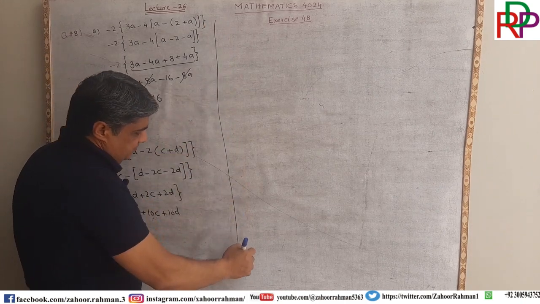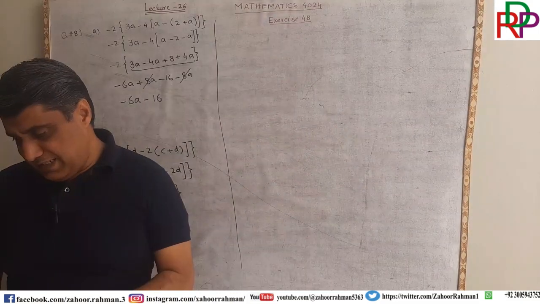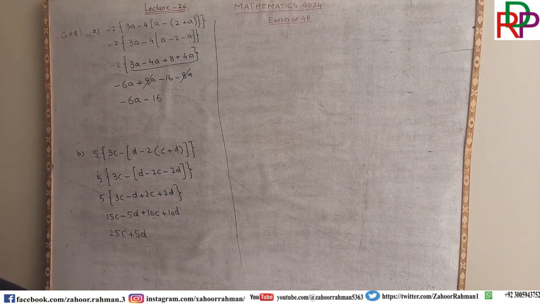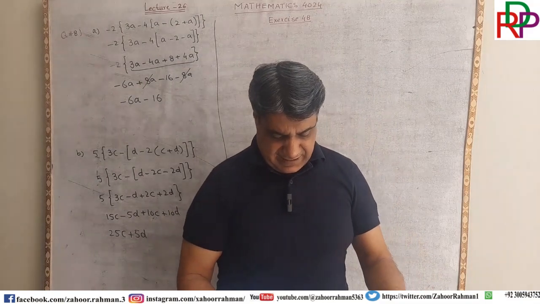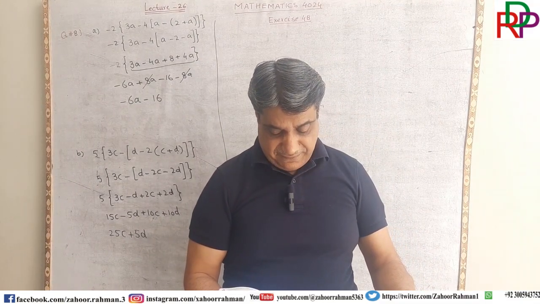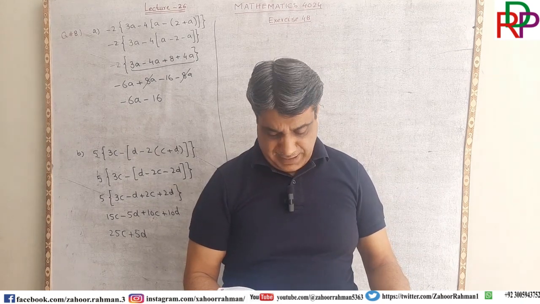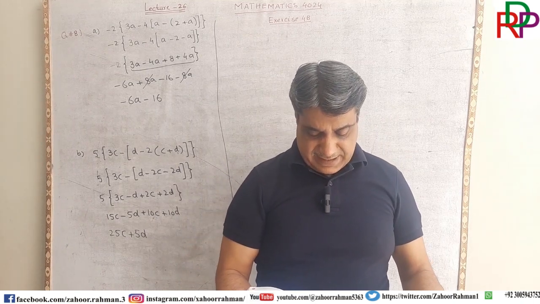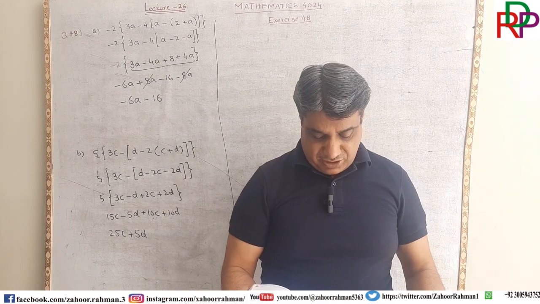Ladies and gentlemen, one question is remaining, and that is the advanced level of question. First of all, let us understand the question. The question is saying the average monthly salary of M male (M is a variable used for male employees) and F female employees of a company is $2,000.